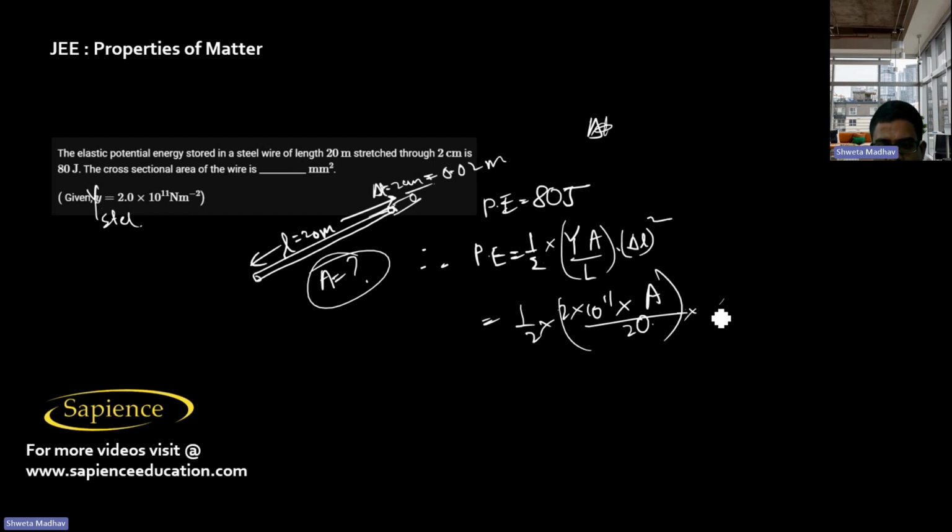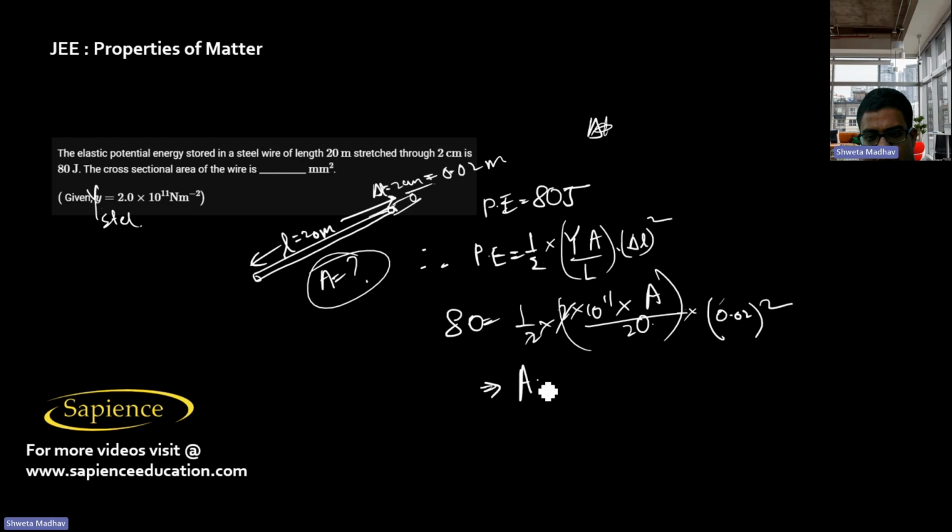So this will be 0.02 whole square. And the potential energy is given as 80 joule. This 2 will get cancelled.